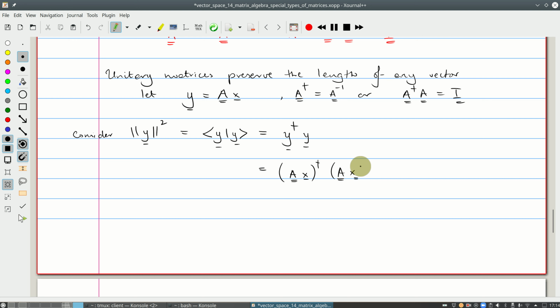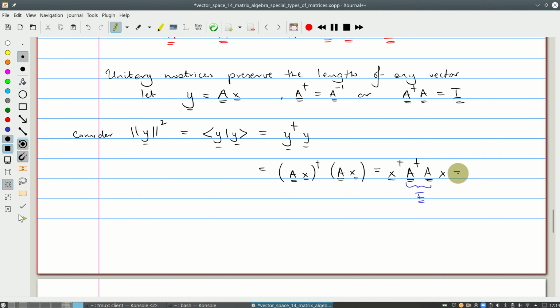You can see where this is going. It's pretty much the same kind of proof as with the orthogonal matrices case. We swap the order when we bring the dagger in. It's x dagger A dagger A x, and this thing here is the identity matrix.